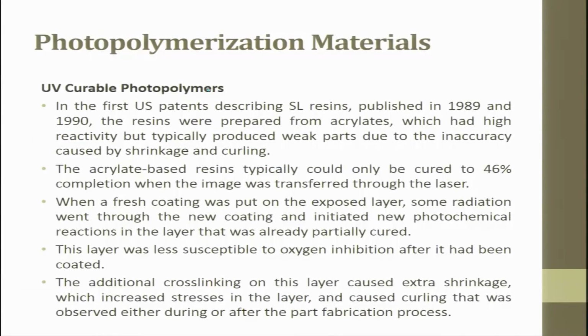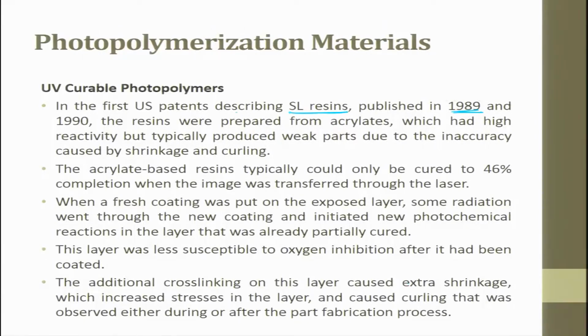UV curable photopolymers: the first US patent describing SL resin was published in 1989. It is not very far behind; 89, now it is 2019. So, when it came into real time industry, it should have come in 99 or 97 or 96. That should be the time when it could have come in the industry.